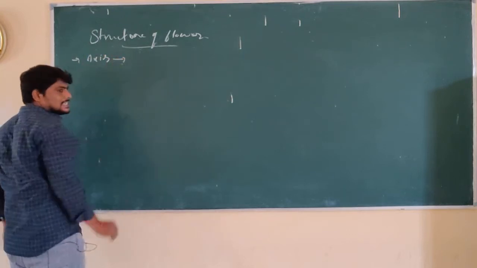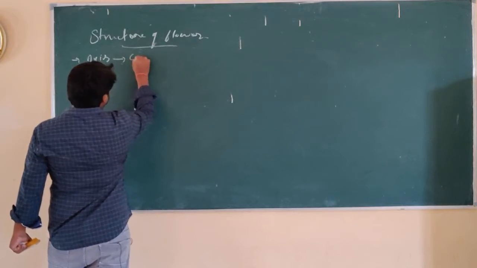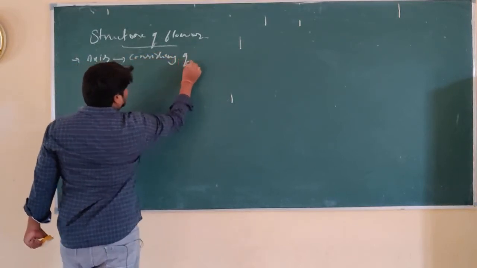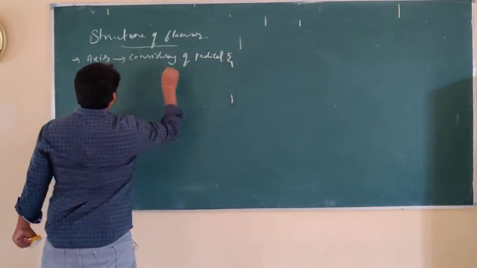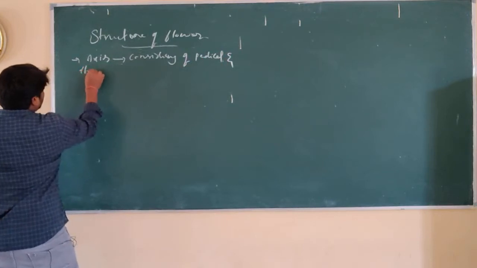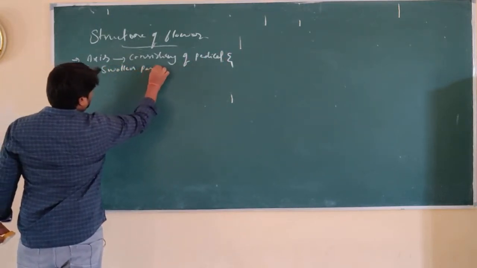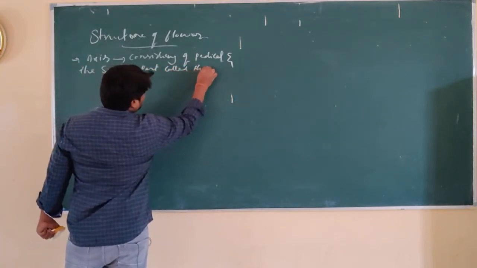This axis consists of the pedicel and the swollen part called the thalamus.